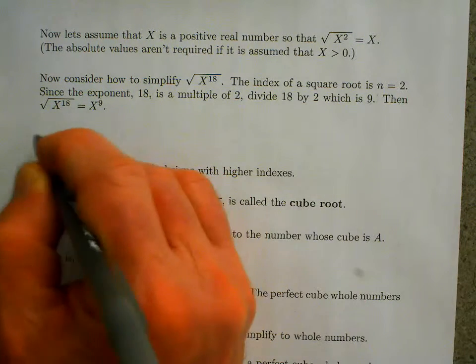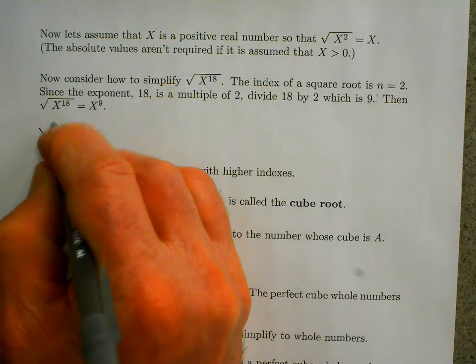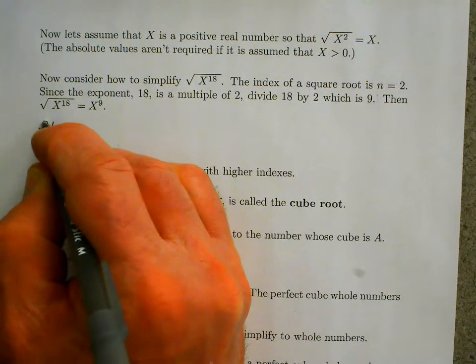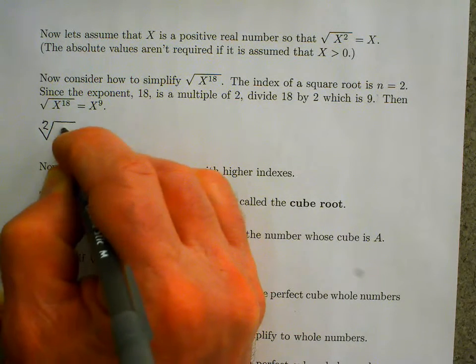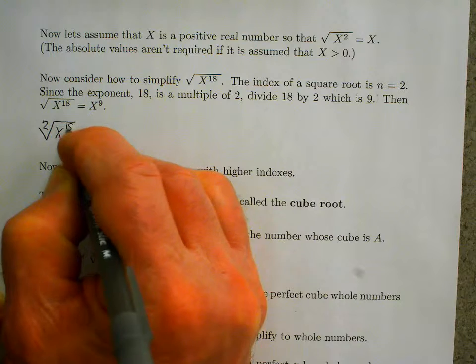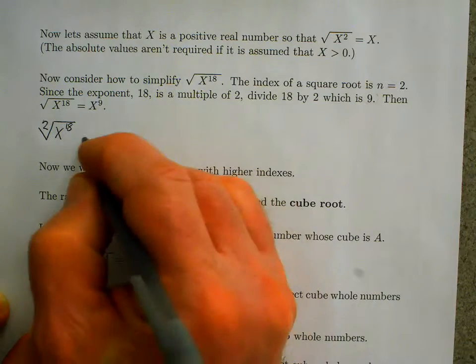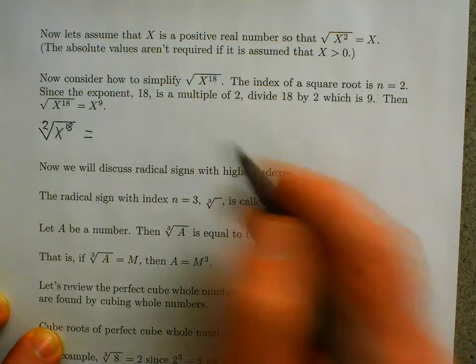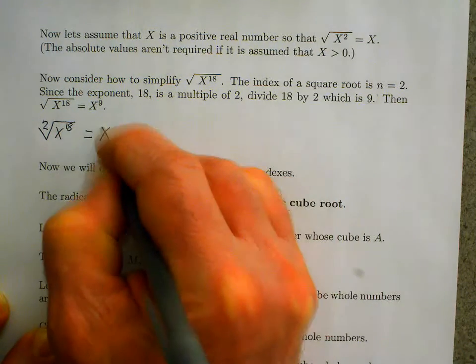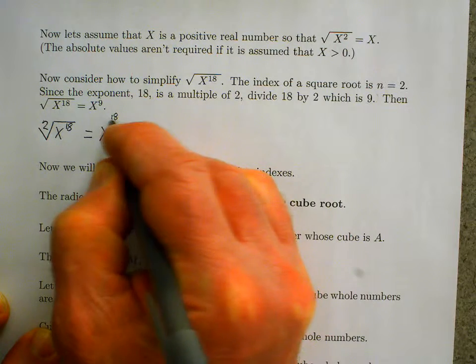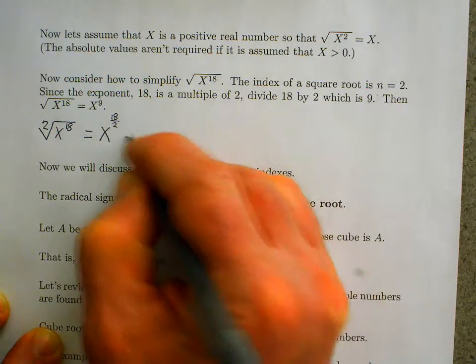So just to reiterate that, the square root, it's understood that the index is 2. The exponent on x is a multiple of 2. So when you simplify this, it becomes x to the 18 divided by the index 2, or x to the 9th.